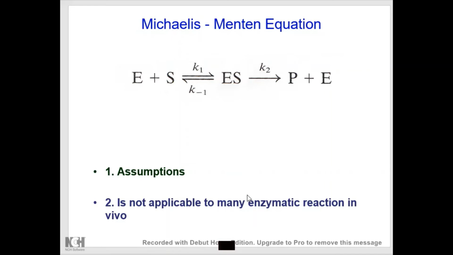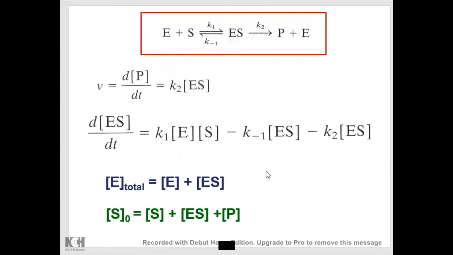However, in order to get some quantitative estimations, we can use a simplified enzymatic reaction scheme: enzyme plus substrate, and this is a reversible first reaction, forms enzyme substrate complex and produces product P and releases the enzyme E. So now the second part is not reversible, and this is a simplification. Let's attempt to solve this equation.